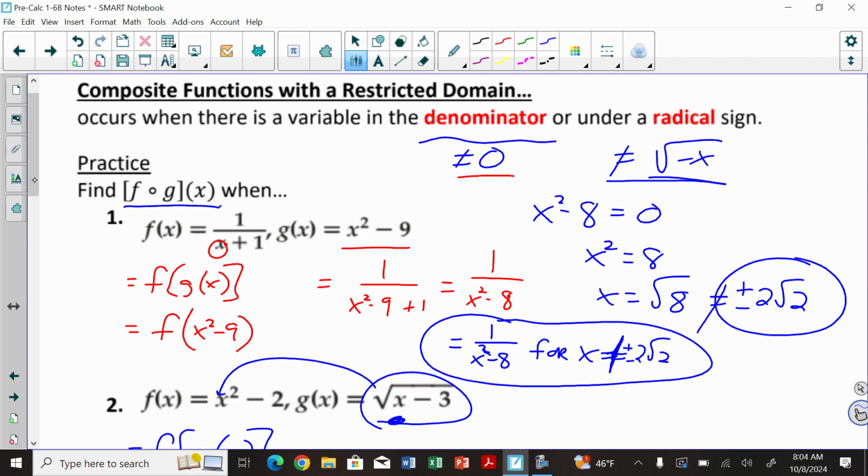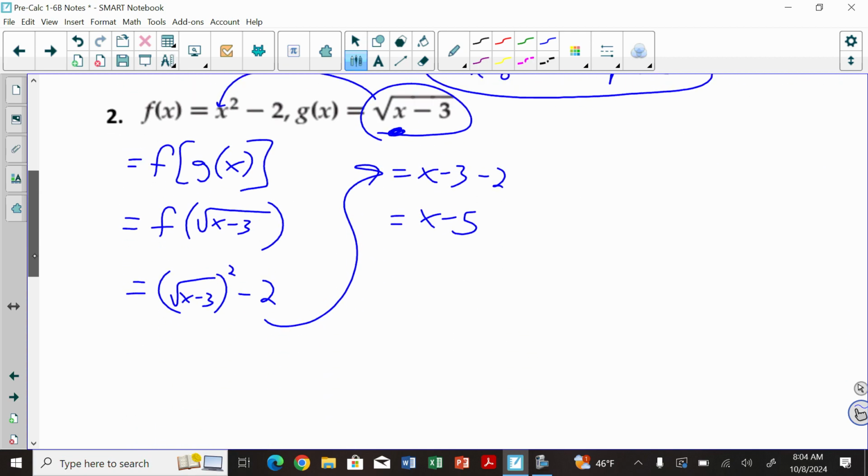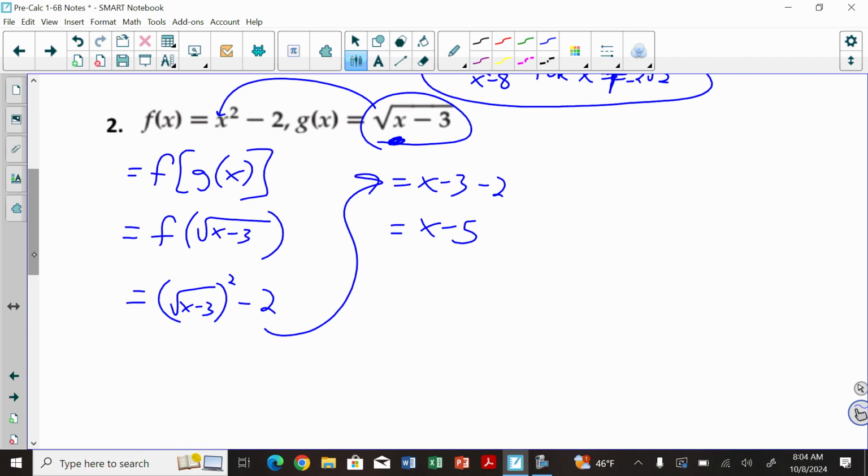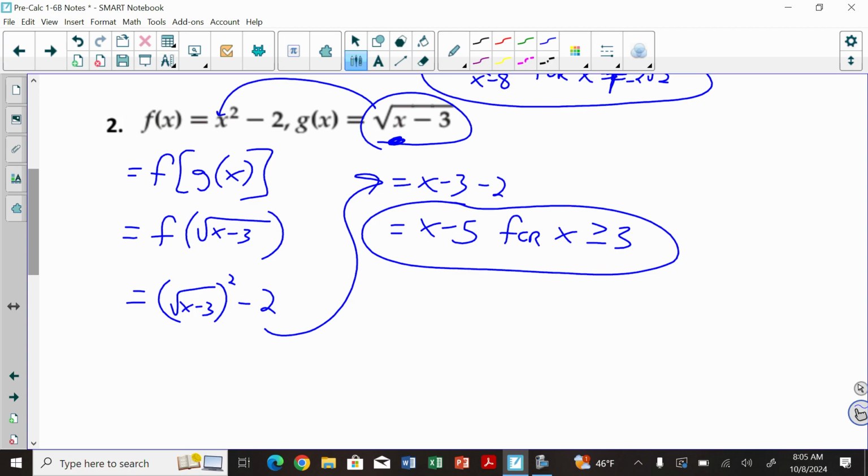Can't have a negative under the radical sign. So when we look at these, 3 minus 3 would be 0. That would work. But anything less than 3 would give us a negative number. So I can say the result is x minus 5 for x greater than or equal to 3, because anything greater than or equal to 3 will work, we're positive or 0. We have to put that stipulation on there because there's a radical.